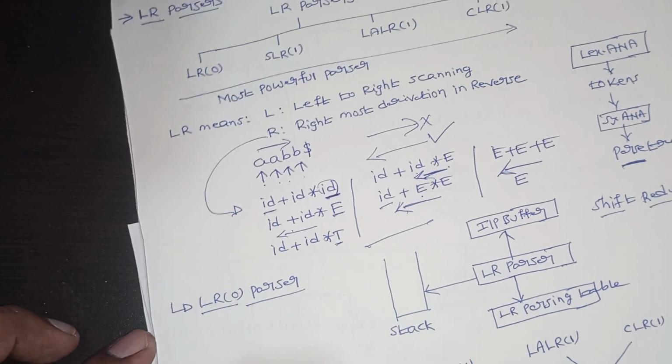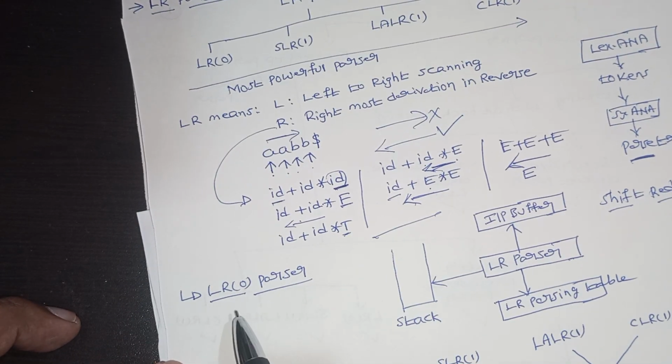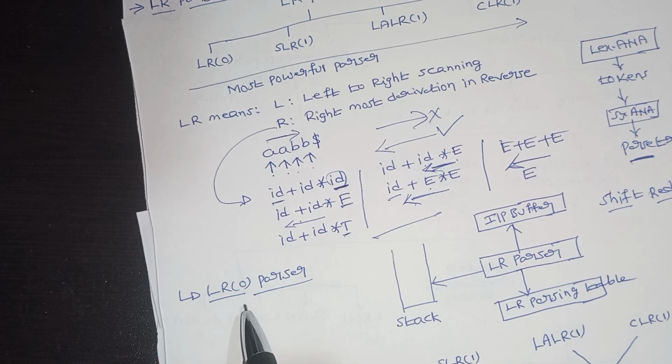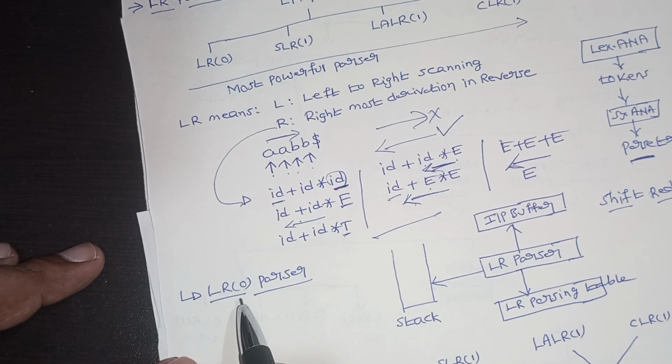Now I will take the first type of bottom up parser, that is the LR(0) parser. What does 0 mean? I am not looking at any symbol; I am simply building a tree. That is called 0. Without looking at any lookahead symbol, I am building the parser.